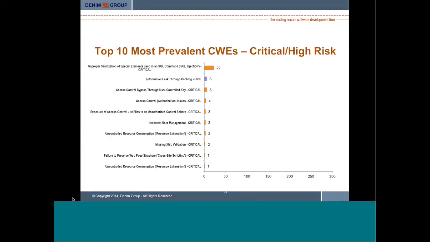But if we focus in on the most prevalent CWEs, only looking at the critical and high risk, we again see SQL injection appears on this list as well, but we see other problems: information leak with data being stored on the device, being able to bypass server-side controls, access control and authorization issues, pretty serious, as well as bad user management, resource exhaustion, XML problems communicating between the client and the server, cross-site scripting vulnerabilities, and again, resource exhaustion.